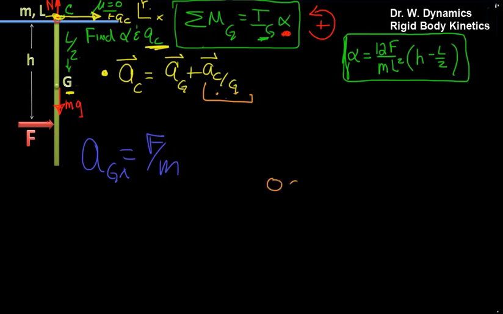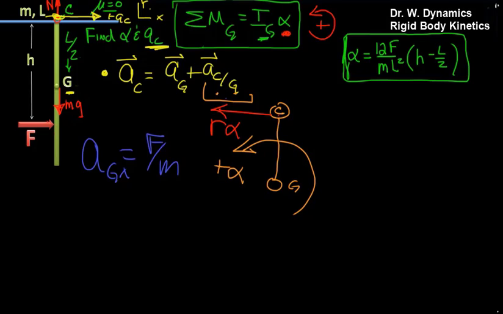Here's G, and here is C. And for a positive alpha, we would expect the observed acceleration to be an R alpha type in that direction. And there could potentially be an R omega squared type pointing directly at it.